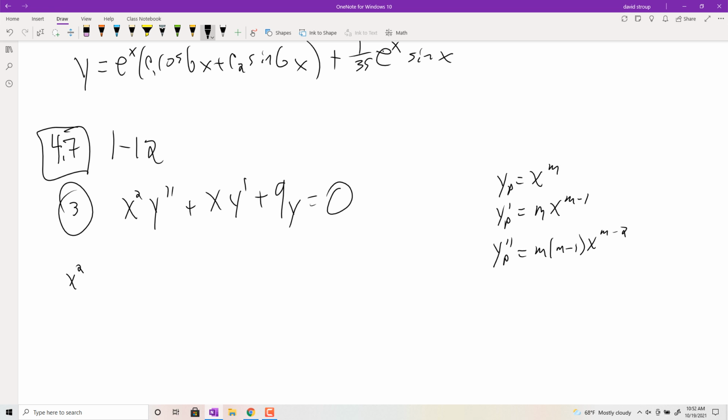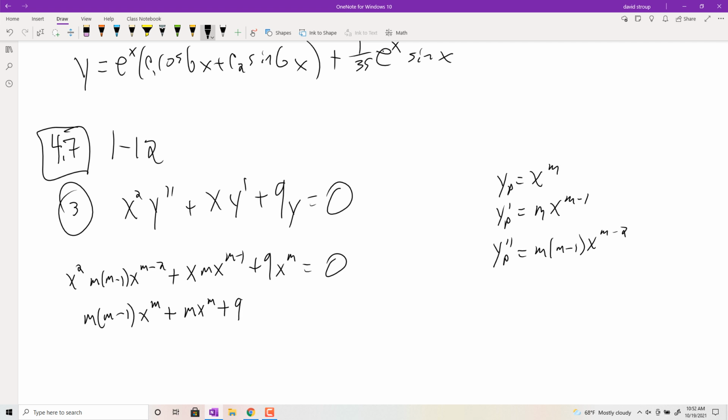So you get x squared times m times m minus 1 times x to the m minus 2 plus x times m times x to the m minus 1 plus 9 times x to the m. And then you're trying to form another auxiliary equation. If you rewrite this stuff, x squared times x to the m minus 2, you add the exponents, so you just end up with x to the m.